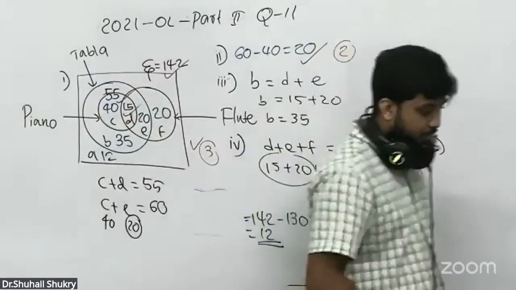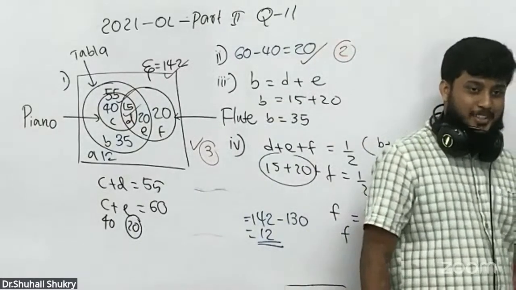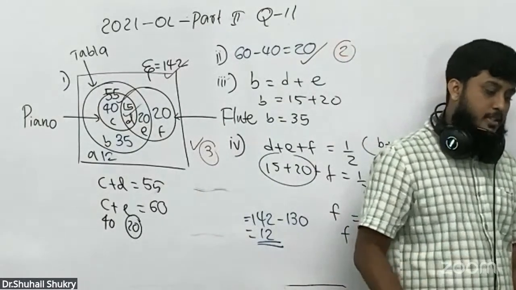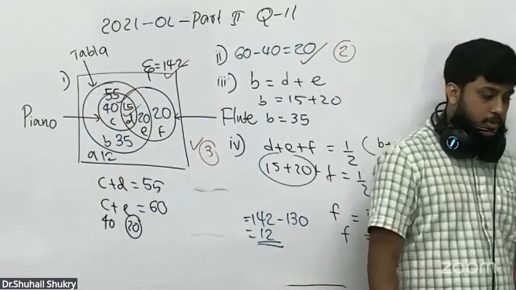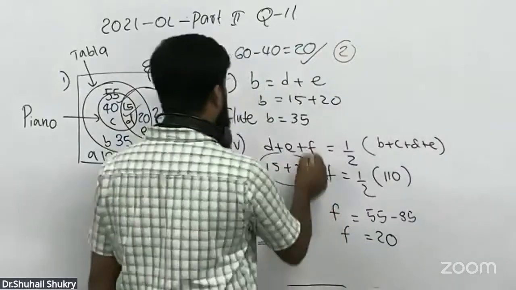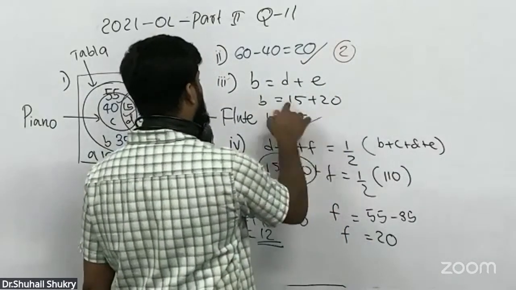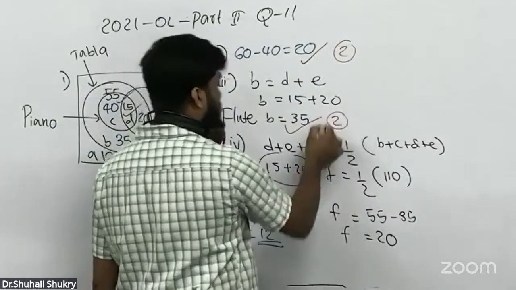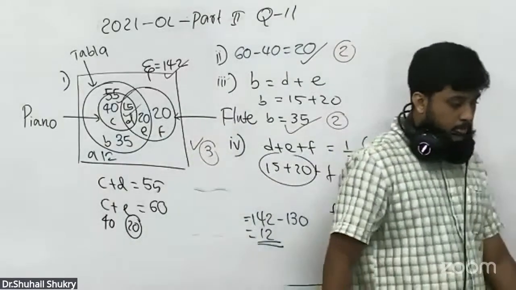Wow. 2 marks. If you finish the first 2 questions itself, you have obtained half of the marks for this question. The next one, 15 plus 20 is equal to 35, they have expected, and for writing that you get another 2 marks.